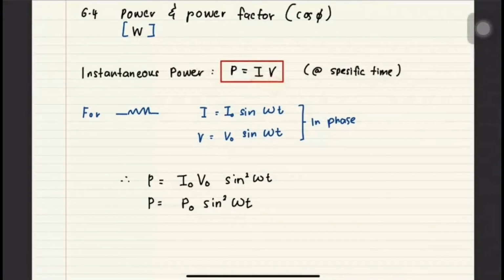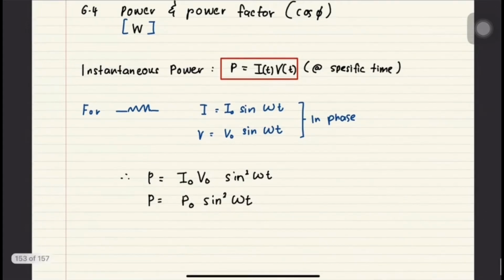So what is I at 5 seconds? What is V at 5 seconds? That is what it means. We just want to write in terms of t. So you multiply those values. For example, you have calculated the current at 5 seconds is 5, the voltage at 5 seconds is 3, and the power is equal to 15. That is what it means.